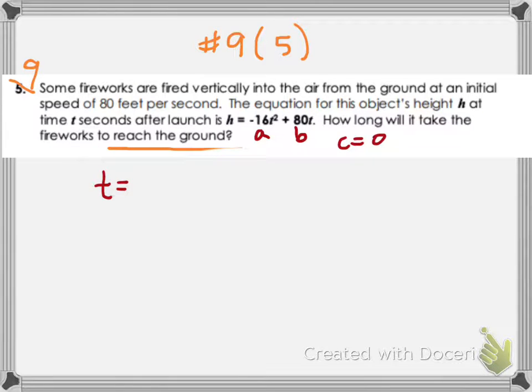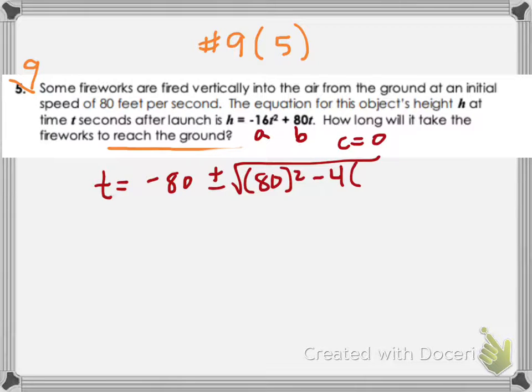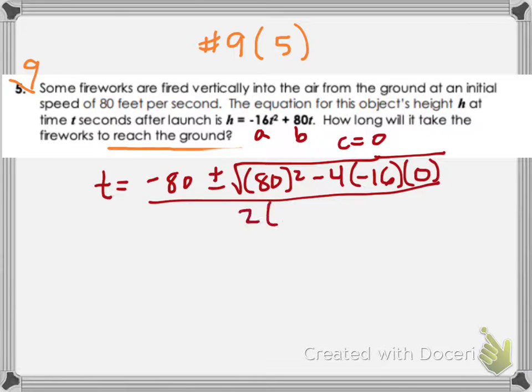There's no constant term. So we're going to have negative 80 plus or minus the square root of 80 squared minus 4 times negative 16 times 0 all over 2 times negative 16.